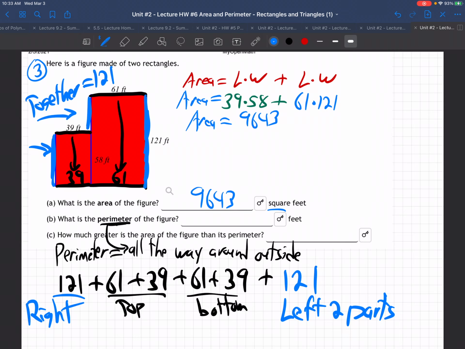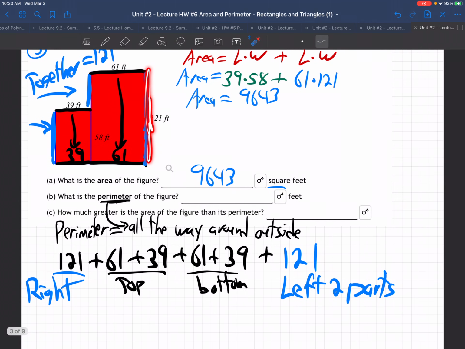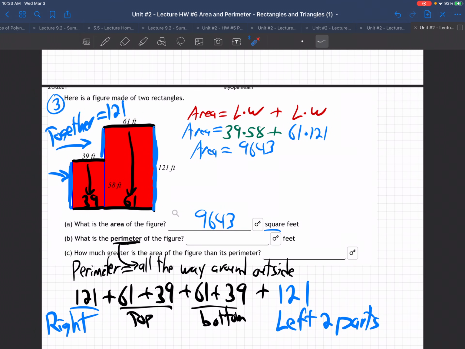You could go with the 58 and then subtract, but who cares? I just need to go all the way around the outside: top, bottom, right, and left. Together, these two pieces are the whole right side, so just do that.